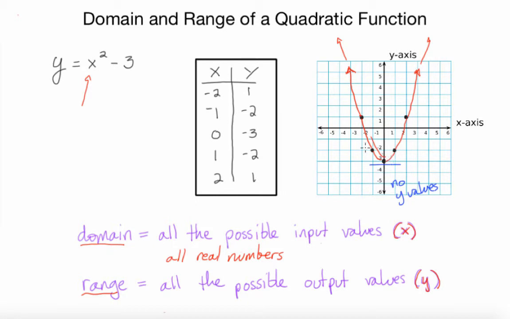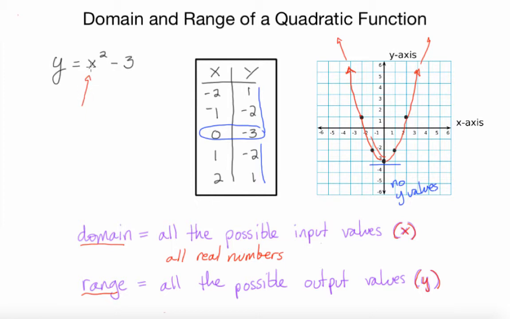In this case, since it goes from 1 to -2 to -3, that seems to be a key point, and then it starts to increase again. On my table, it seems -3 is the lowest place it'll go. My graph seems to confirm that. I can confirm it with the equation because anything I square always turns positive.